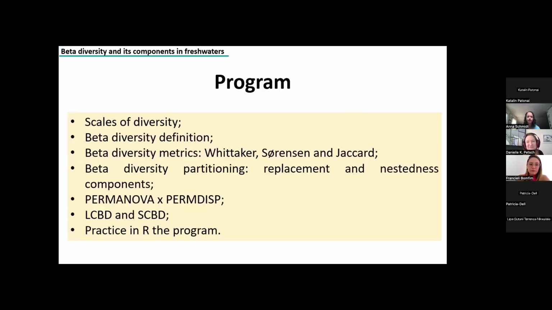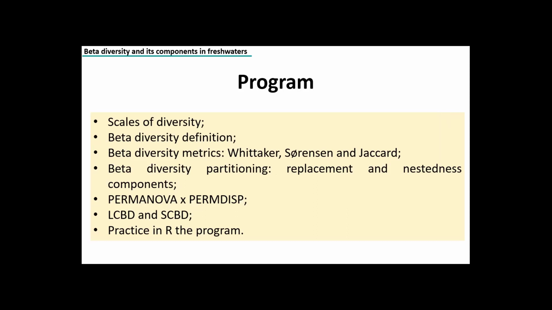The time is short, but I will try to talk about scales of diversity, beta diversity definition, beta diversity metrics such as Whittaker, Sorensen, and Jaccard, beta diversity partitioning in components replacement and nestedness, PERMANOVA and PERMDISP, and the local contribution and species contribution to beta diversity. And then we will practice these different topics in the R program.